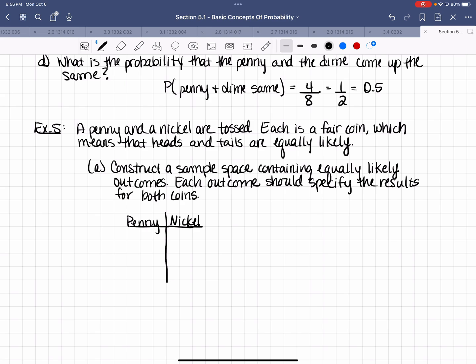And I know that I could flip a head and a head, right? I could flip a head and a tail. Or I could flip a tail and a head. Or I could flip a tail and a tail. Okay? That's your sample space. You constructed it. You're good to go.